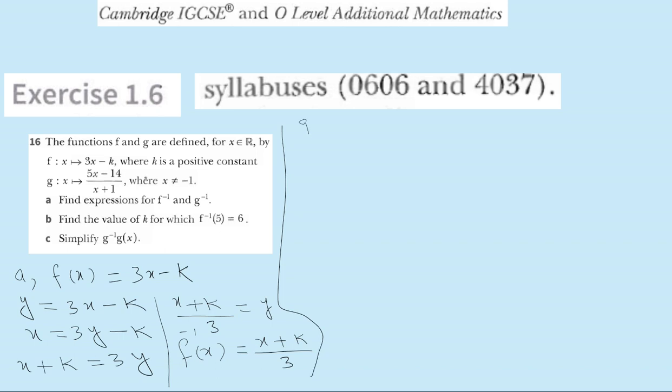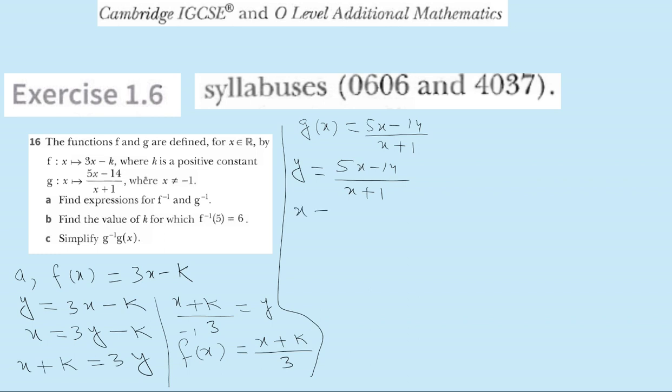What is g(x)? g of x is given as 5x minus 14 upon x plus 1. Again replace g(x) by y. Replace y by x and x by y.